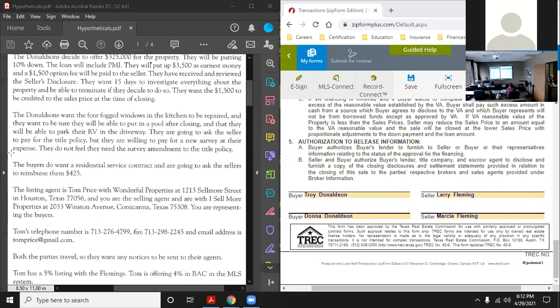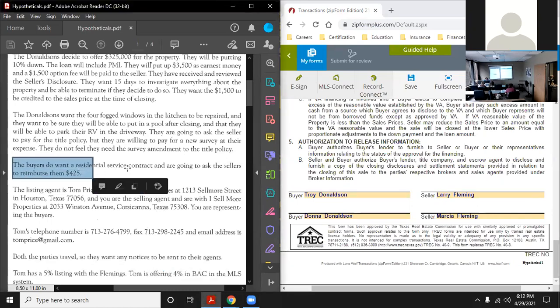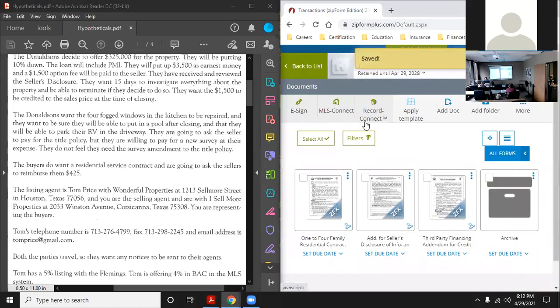You might see something like, if they want to do this, what paragraph would that be in? You might see stuff like that, but you're not going to see, here's this, fill out a contract, because this stuff's really confusing and they don't give you all the information. I don't know if this is a property owners association or an HOA, stuff like that, so you don't have to worry about that.